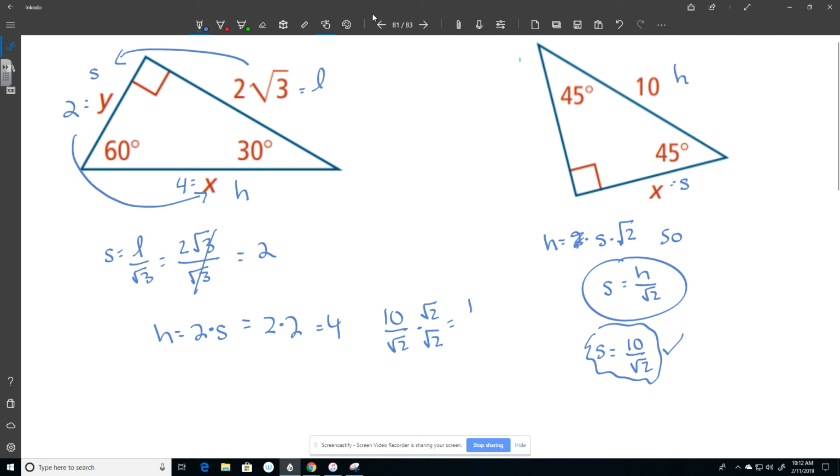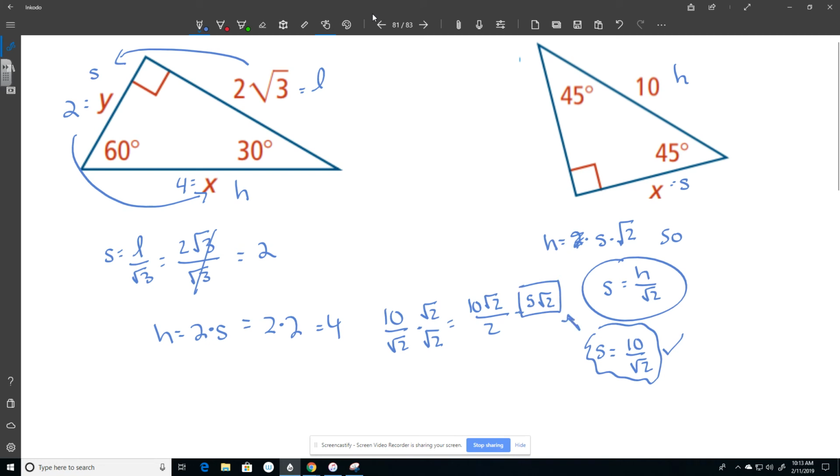So on top, I get 10 square root 2, and on the bottom, square root 2 multiplied by square root 2 equals 2. And 10 root 2 over 2, the 10 divided by 2 simplifies to 5 root 2 on top. And the 2 goes away on the bottom because it got divided by the 10. So 5 square root 2 is another answer for x.